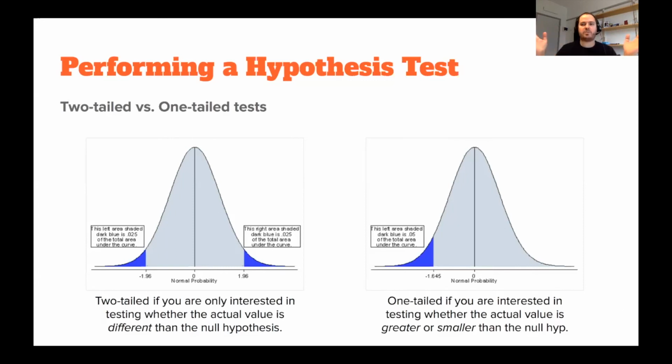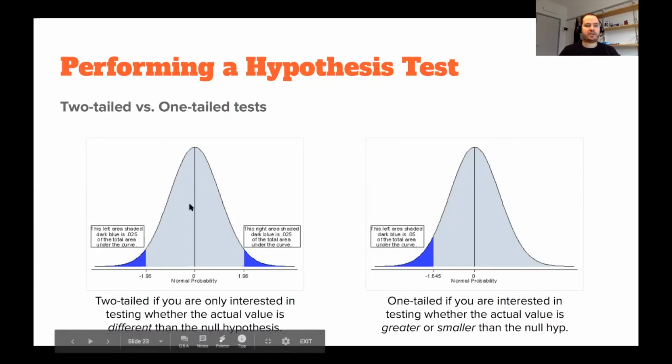I don't care if it's smaller or greater. It doesn't matter to me, but I think it's different. So I'm going to try to prove that that value is wrong. Whether it's smaller or larger doesn't really matter to me, as long as I prove that this null hypothesis is actually wrong. And that's when you have a two-tail test.